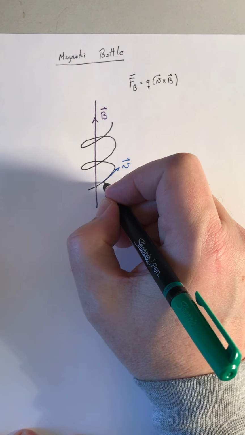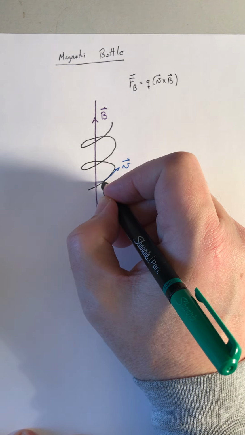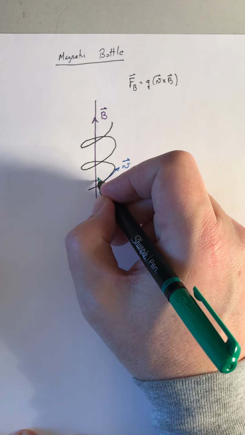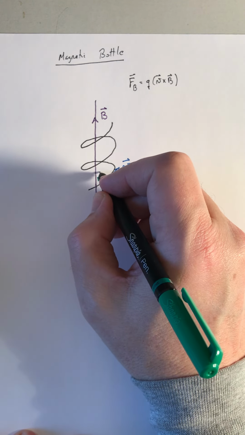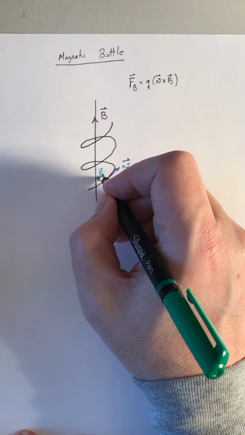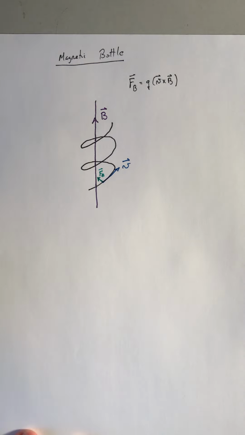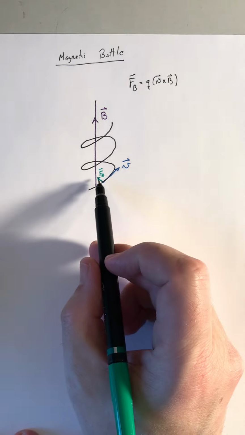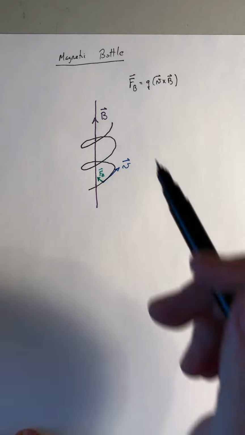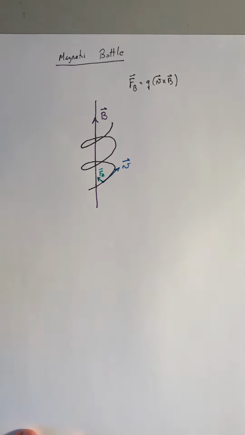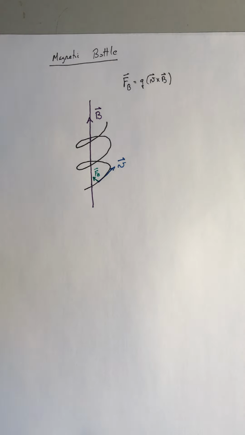Magnetic field is straight up, and the magnetic force, since it's going around on the helix, is going to be in towards the center of the path, so in towards that magnetic field line. Now, that should be enough for us to figure out if this is a charged particle that is positive or negative.